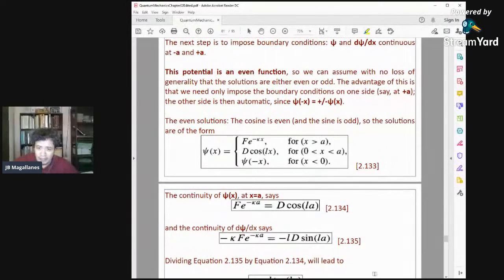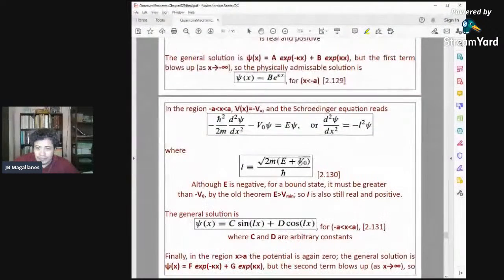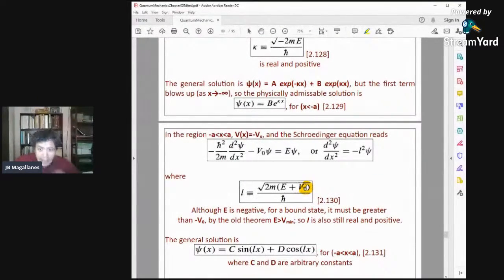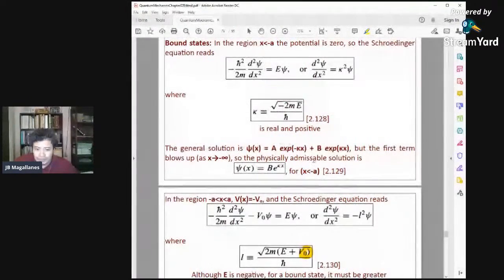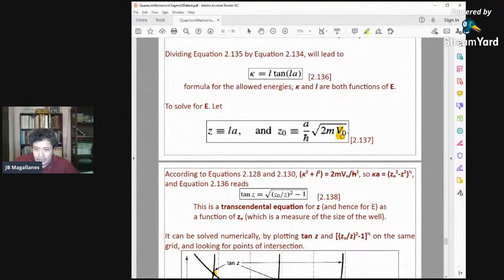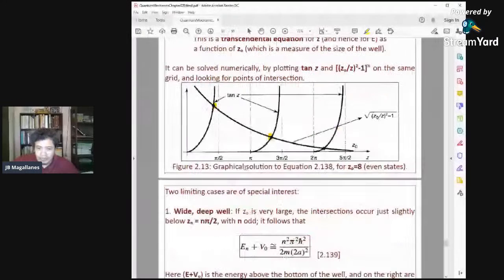This means that V0 is large, and a is also wide. So this is also large. So Z0 is really large.